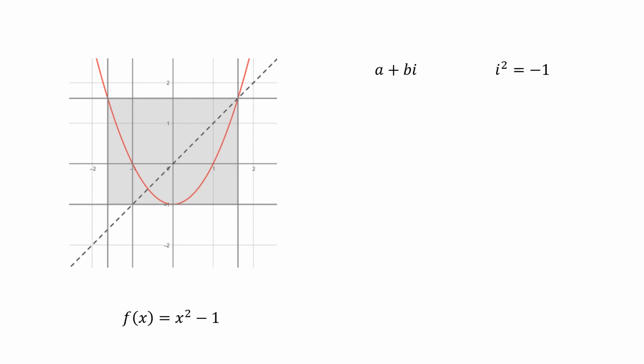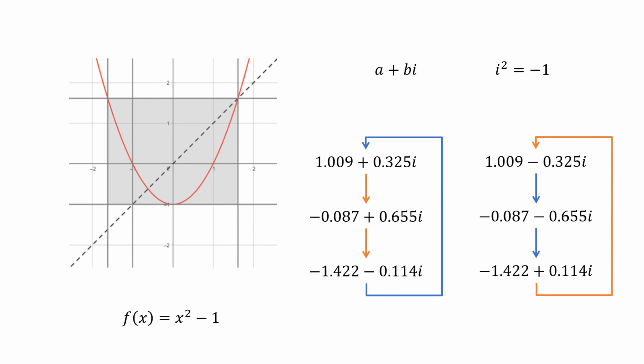The smallest examples in this case are those two cycles. 1.009 plus 0.325i, minus 0.087 plus 0.655i, and minus 1.422 minus 0.114i. And the same thing can be done with the imaginary unit of the opposite sign.